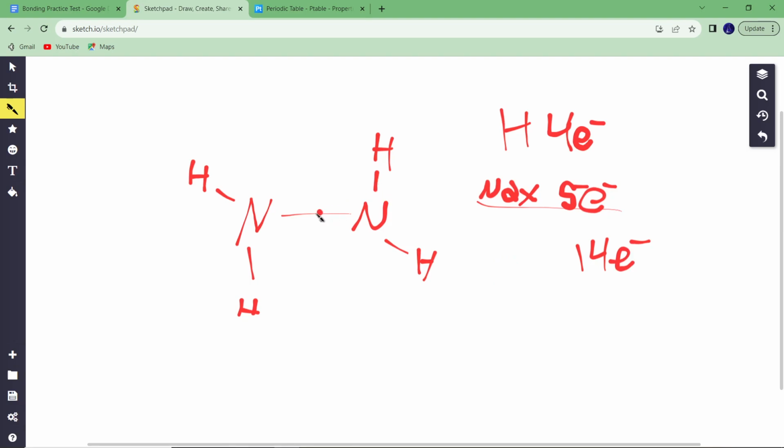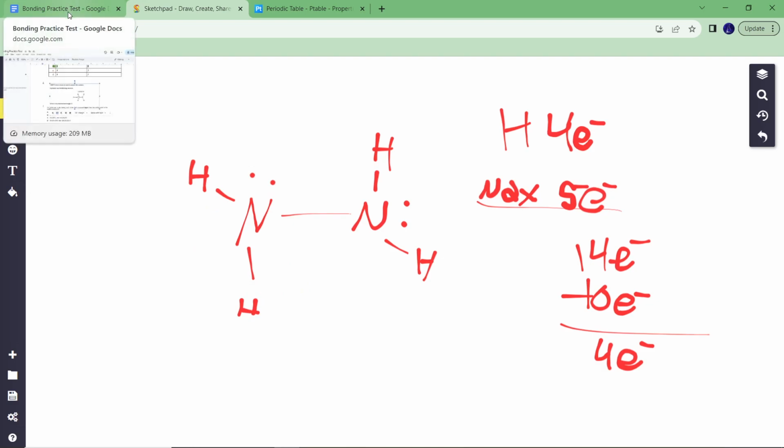We've used 1, 2, 3, 4, 5 in bonds, so that means that we've used 10 total, which means that we have 4 electrons left over. Which means that each of these nitrogens should have a lone pair here. So essentially we have a molecule that has these lone pairs, and we have these hydrogens right here.